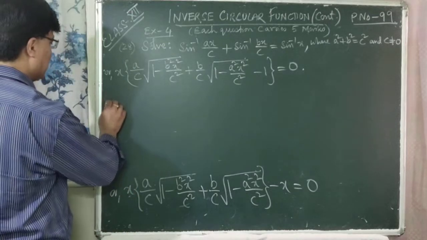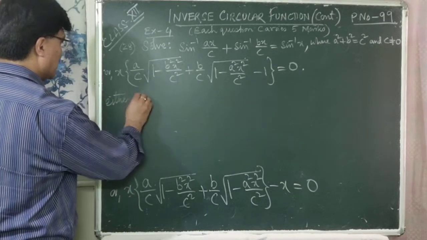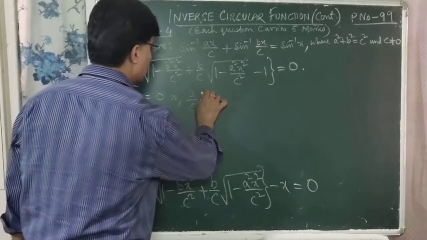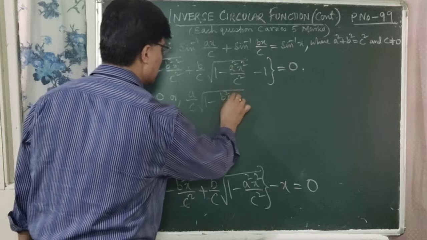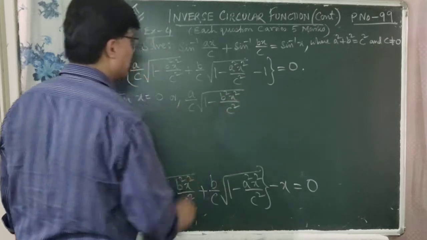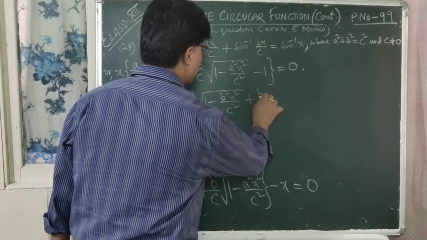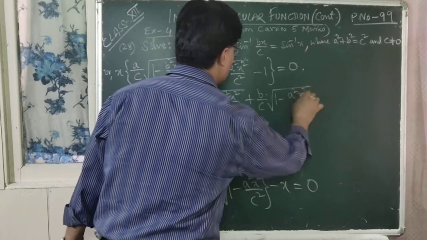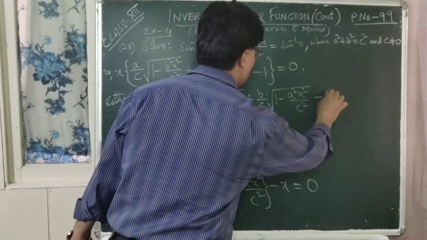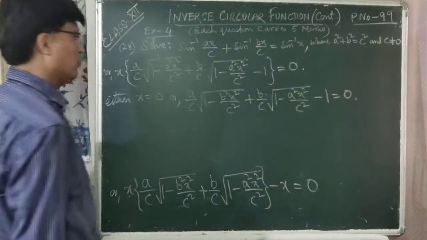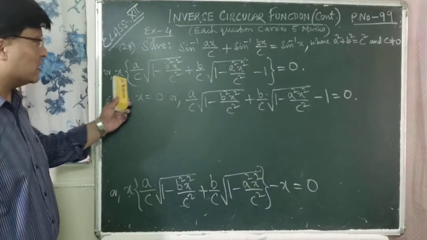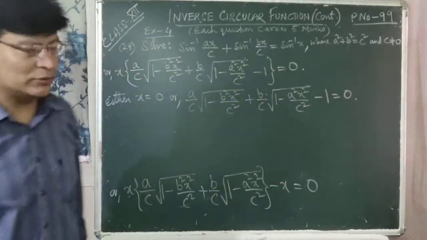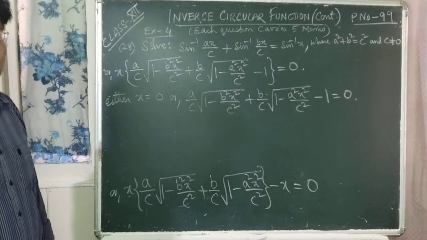So let us write here either x is equal to 0 or a by c root over 1 minus b square x square by c square plus b by c root over 1 minus a square x square by c square minus 1 is equal to 0. So either this first factor x is equal to 0 or this whole second factor is equal to 0. Is that clear now?